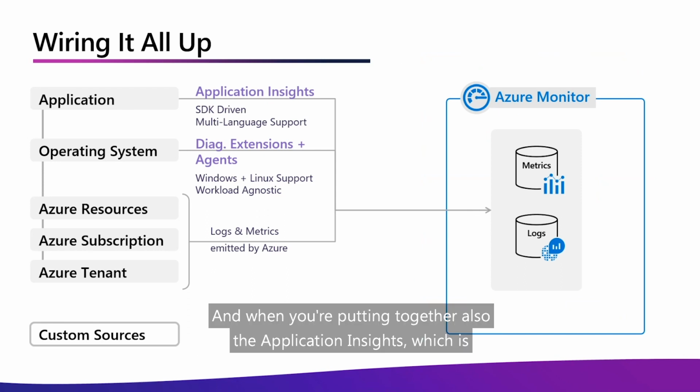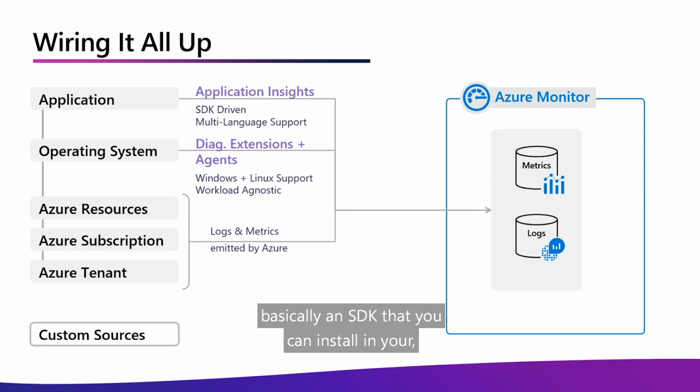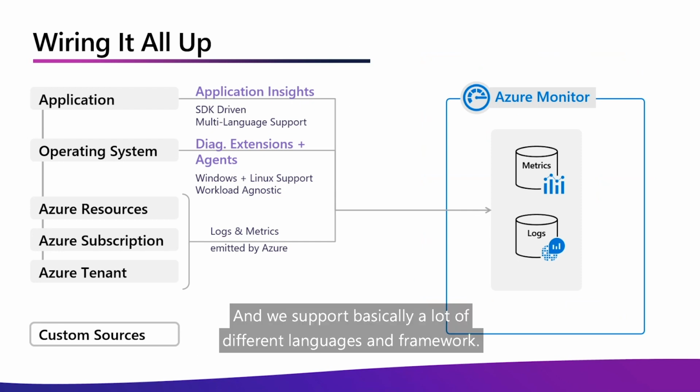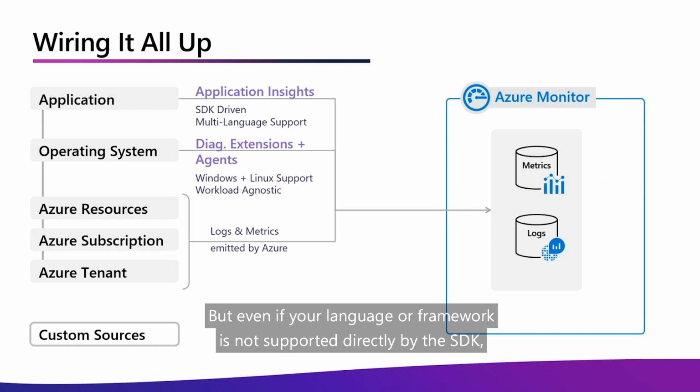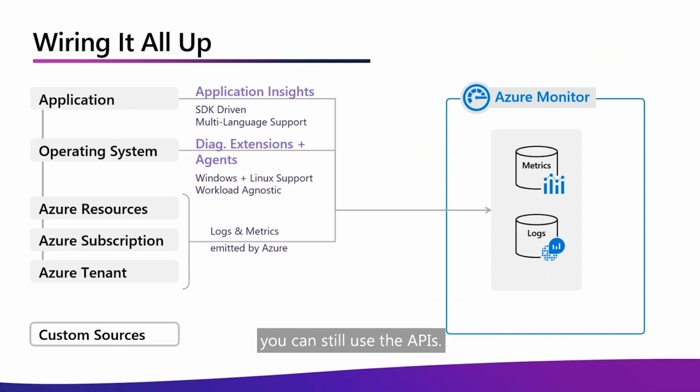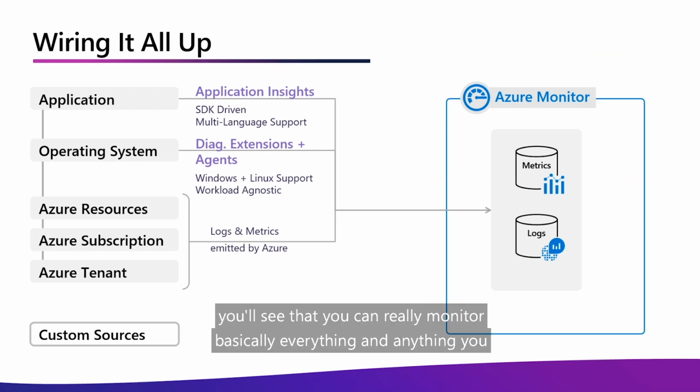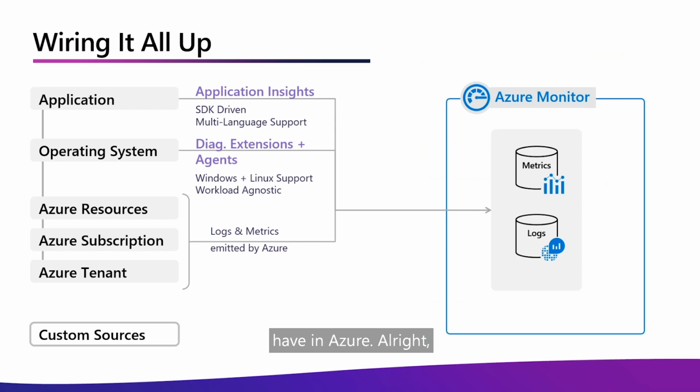And when you put it together, also Application Insights, which is basically an SDK that you can install in your application. We support a lot of different languages and frameworks. But even if your language or framework is not supported directly by the SDK, you can still use the APIs. So if you put all this together, you'll see that you can really monitor basically everything and anything you have in Azure.